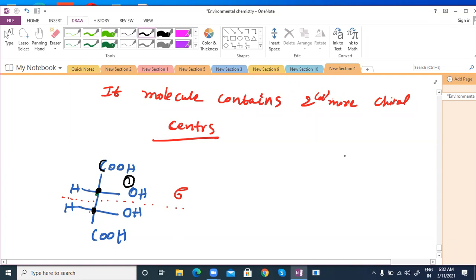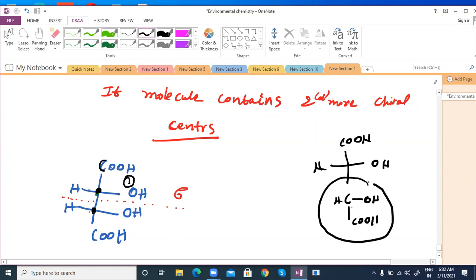Keep in mind when you are writing H, OH, and whatever they have given, CHOH, COOH, this is the same structure I wrote. This whole thing is one group, sir. Total 4 bonds you have to consider.